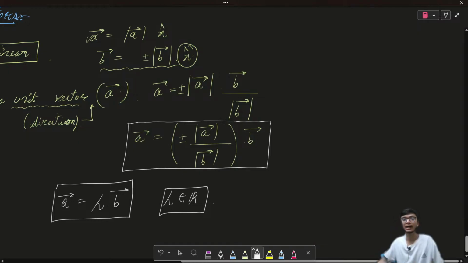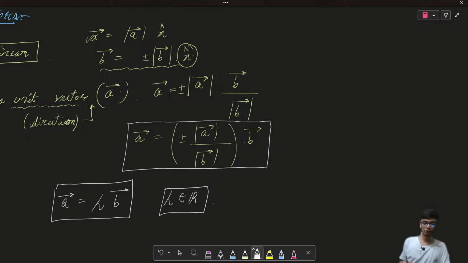If I have collinear vectors a vector and b vector, then to represent the relation between them, I can simply use this relation, that a vector is some lambda times b vector, which denotes that it is a collinear vector, right? However, if the vectors are not collinear, then there won't exist this kind of relation. So for non-collinear vectors, there is no such relation. All right, I hope this point is clear to all of you.